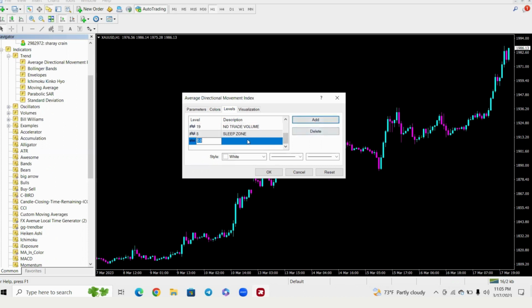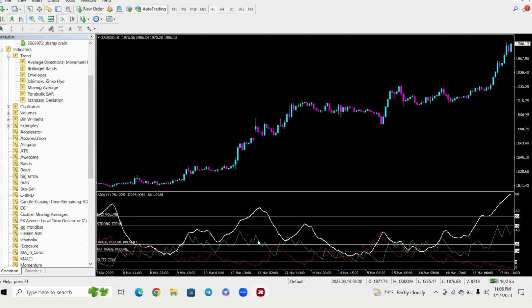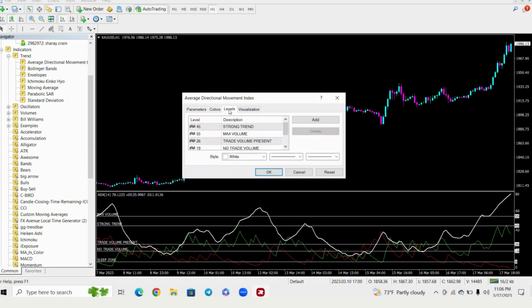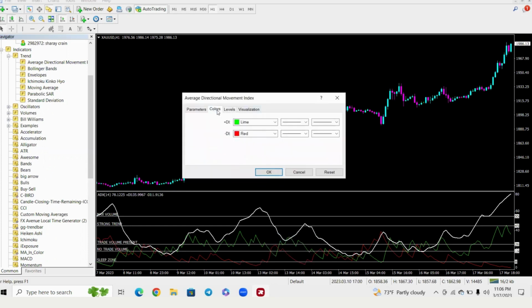If you want to look at the settings a little bit more, I'm going to hold them up there where you can see the levels and you can see the colors. The plus DI is green, and the negative DI is red. My parameters are set like this, and that's pretty much it.